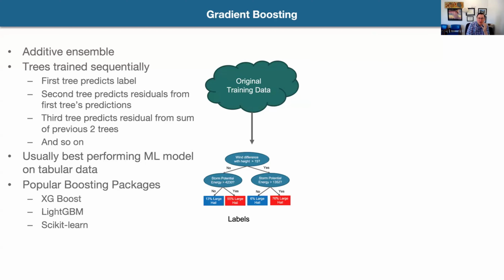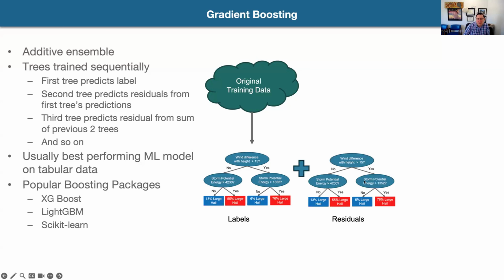This is another decision tree ensembling algorithm. The difference between this one and random forest is that instead of each tree in the ensemble being trained independently, you first fit one model on your original data, and then your second model still uses the same training data, but instead of predicting labels, it's predicting the residuals, basically the difference between the correct answers and the predictions from the first tree.